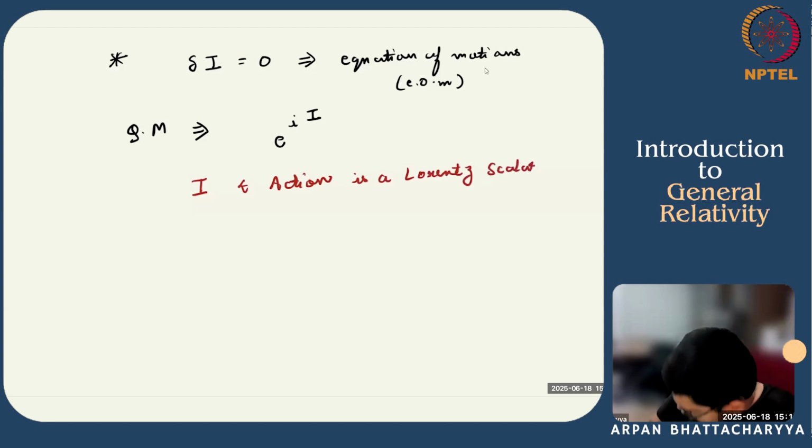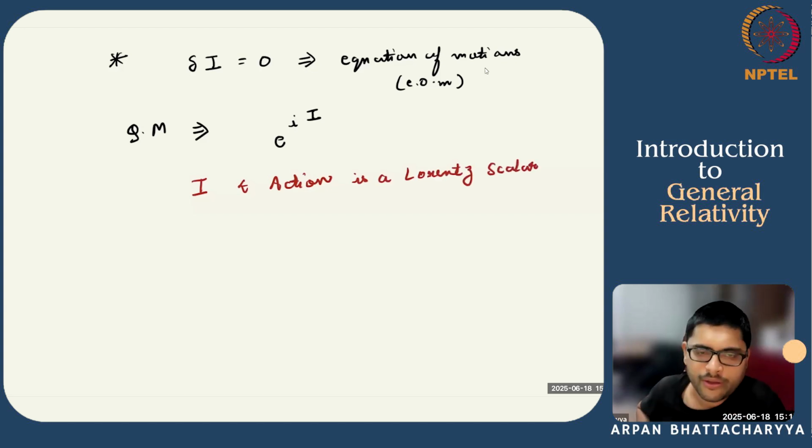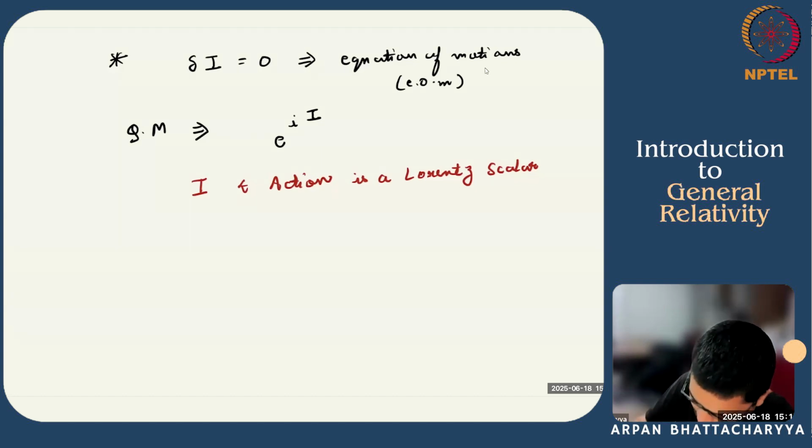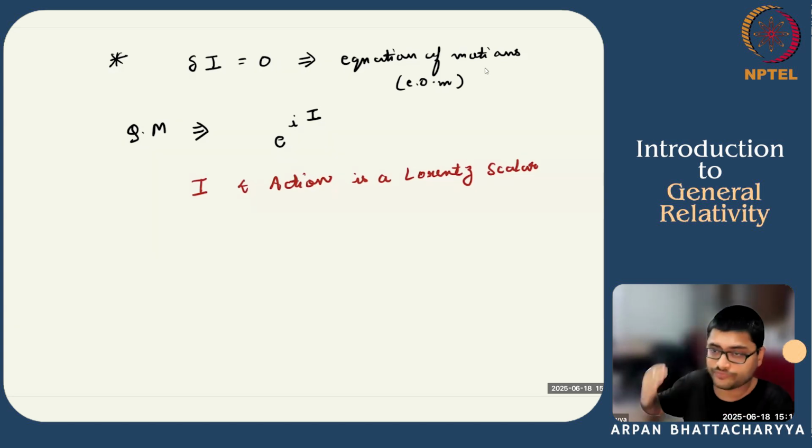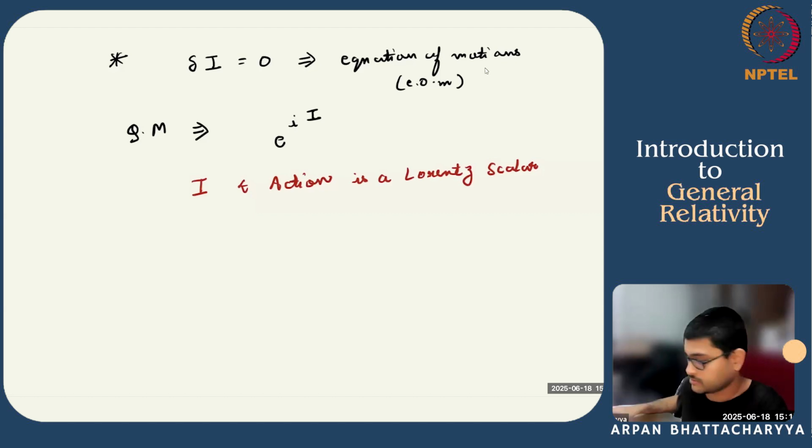Now, keeping this in mind, we further demand that it satisfies some other physical requirements, and let us list them. We will use these requirements to construct actions for various cases that we'll discuss next. So what are the requirements?